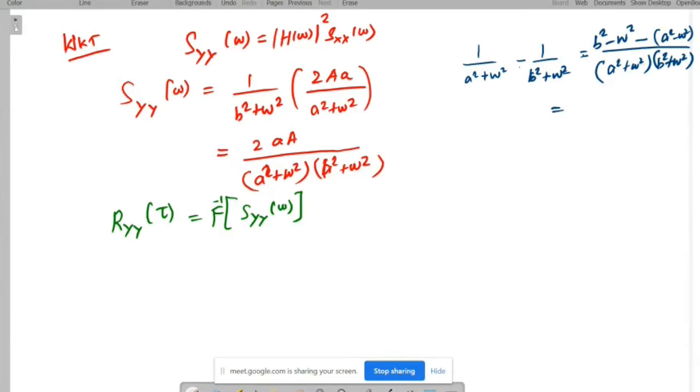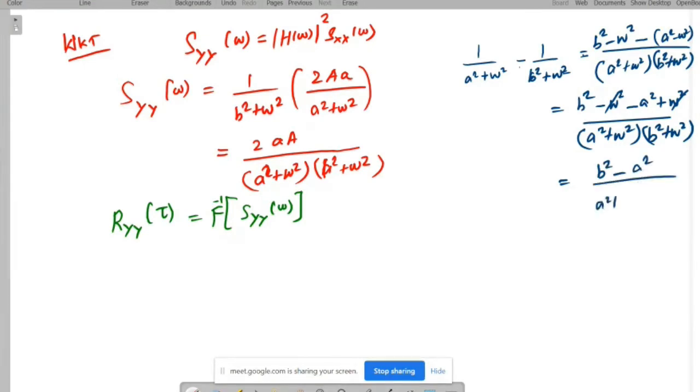Which is equal to b square minus omega square minus a square plus omega square. If you multiply minus in this closed bracket, you may get like this. If you cancel this term, you may get b square minus a square divided by a square plus omega square, b square plus omega square.